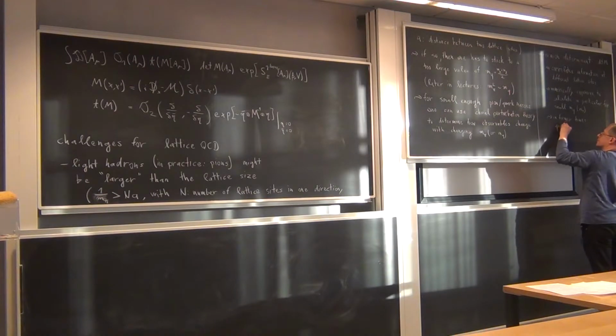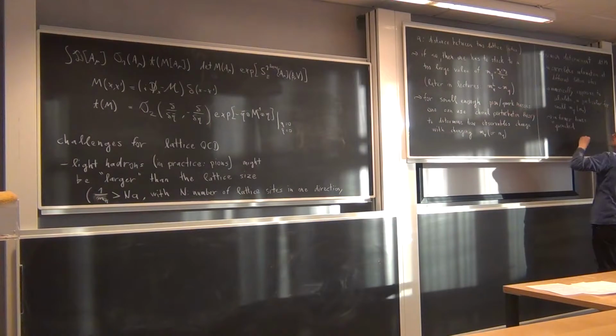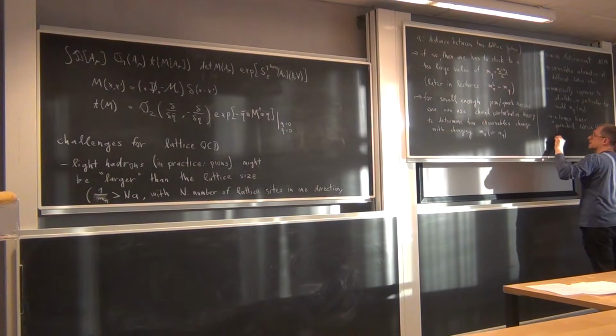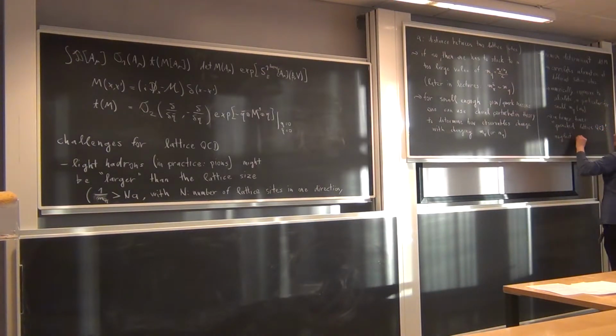So this is called quenched lattice QCD, which is just neglect this determinant.